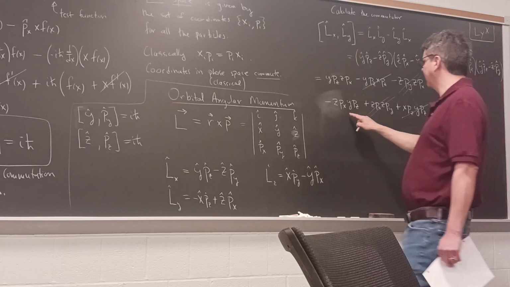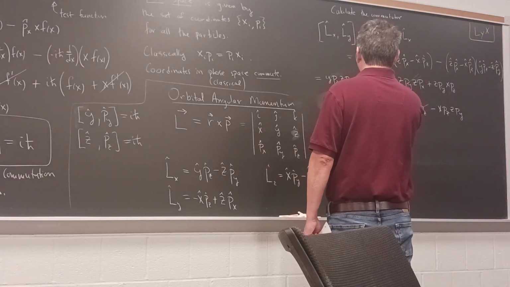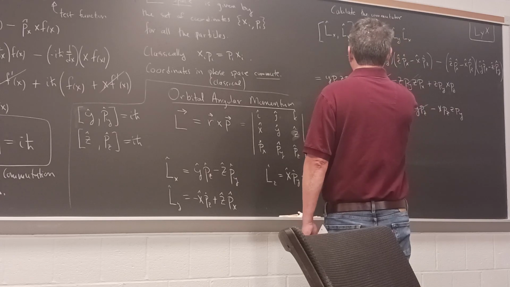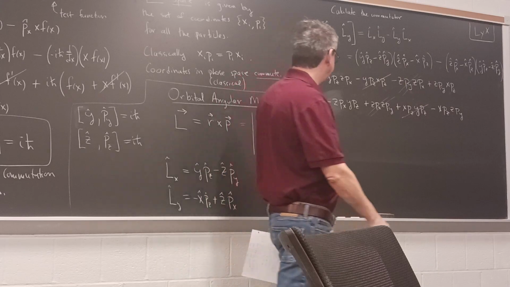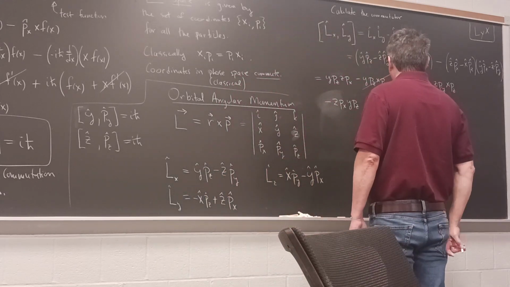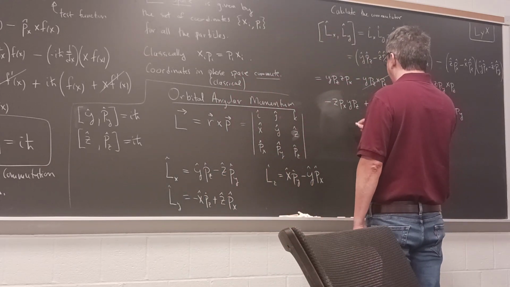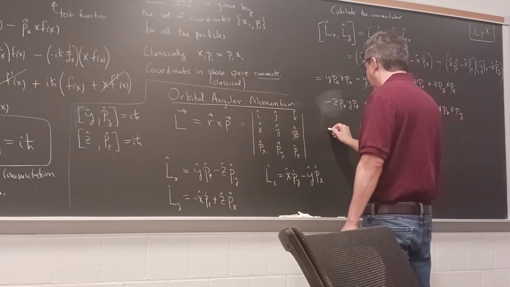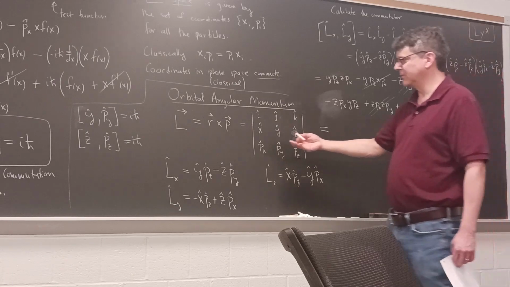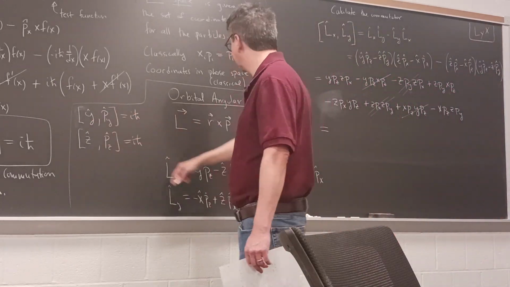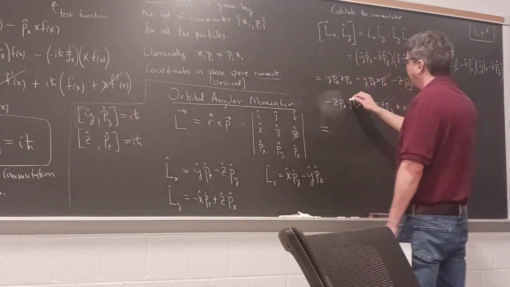And then I've got this term here, I've got px and pz, but then I've got the pz that's operating on the z here, so I can't cancel those. All right, so how can we rewrite this then? I want to be able to use these commutation relations here to solve it.